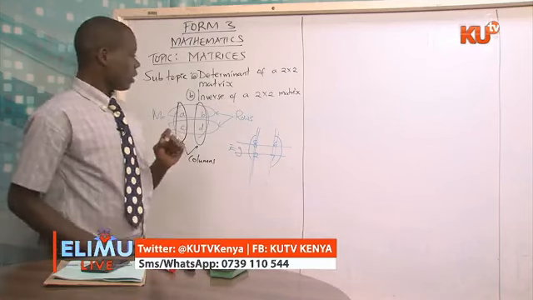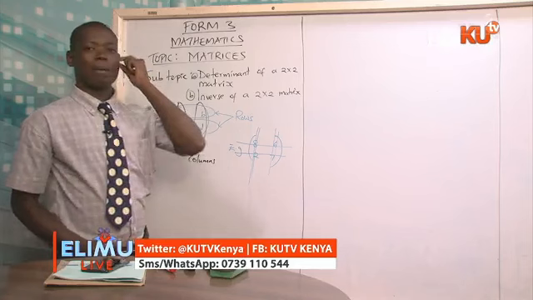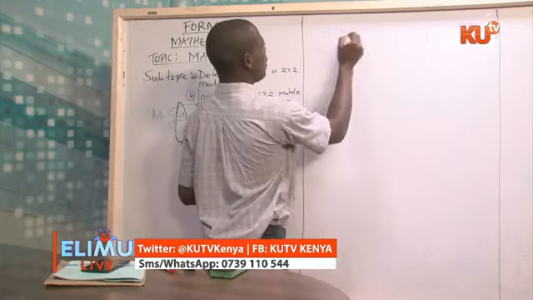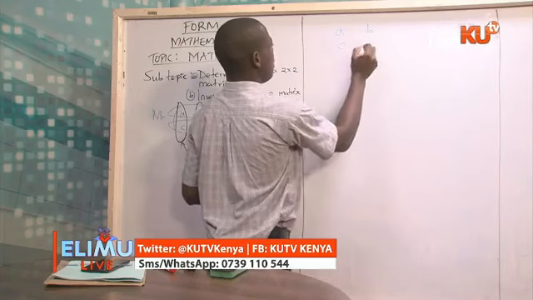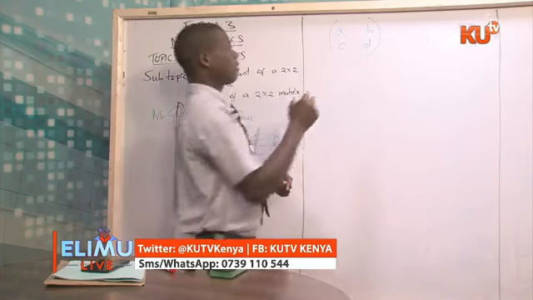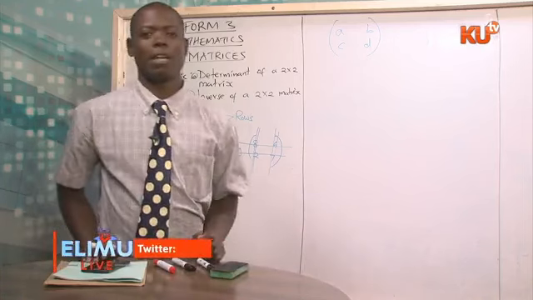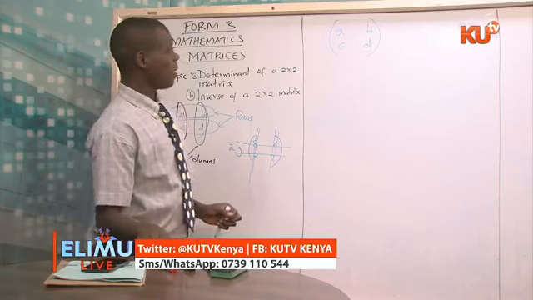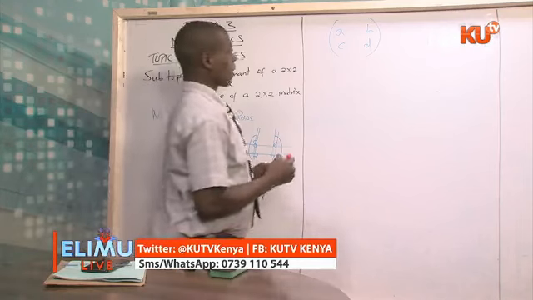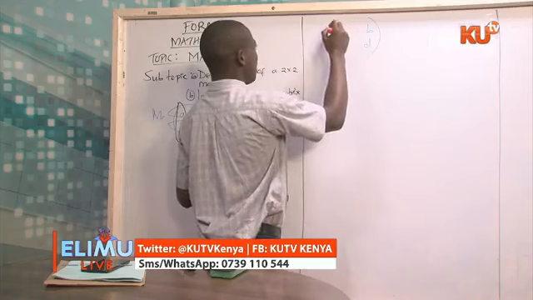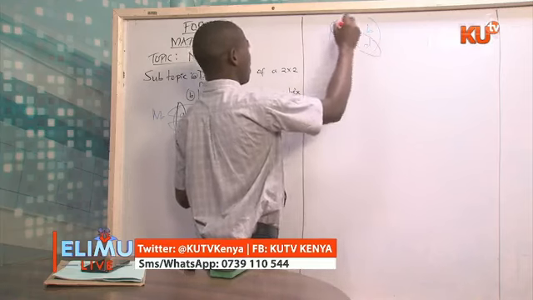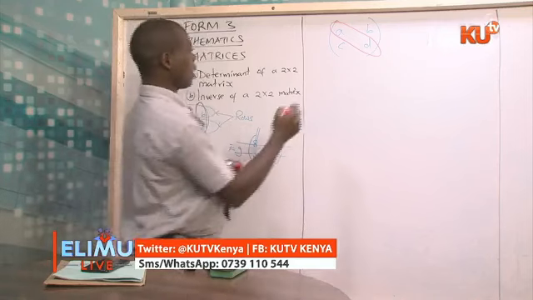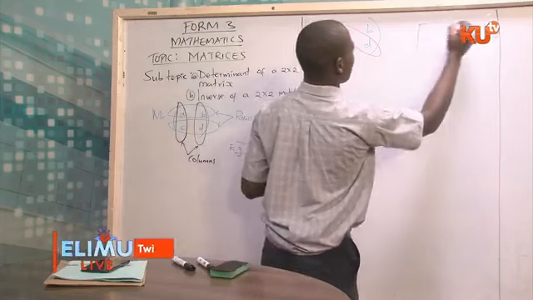Number 2, students will need also to understand that in a matrix, elements are believed to be in diagonals. So with A, B, C, D, we can also explain the arrangement of elements in a matrix to be in diagonal form. What do we mean by diagonal arrangement? Let me illustrate this using a rectangle.